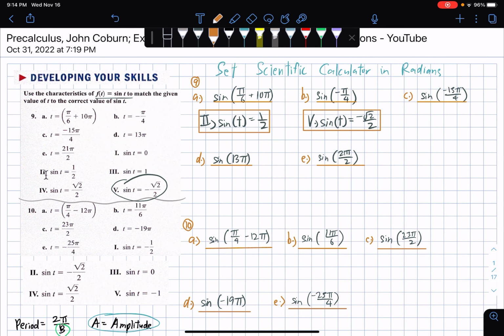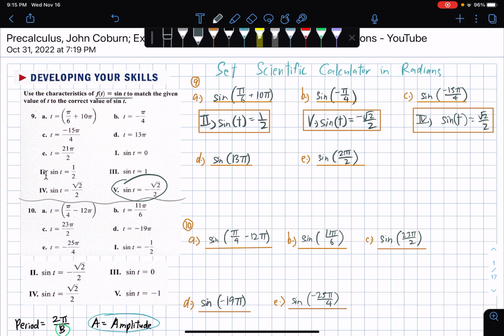For letter C, we input the values and get sine t equals square root of 2 over 2, the positive this time.